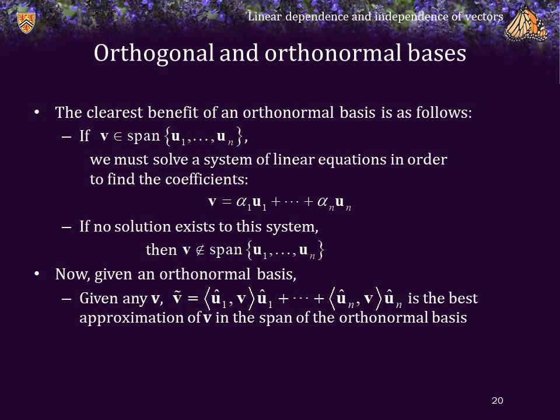Now, this is actually a very cheap operation as it only requires you to calculate n inner products. And that is not that difficult. As a bonus, v tilde always gives you the best approximation of v of any vector that is in the span of the orthonormal basis. That is, v tilde is closer to v than any other vector in the span of the orthonormal basis.